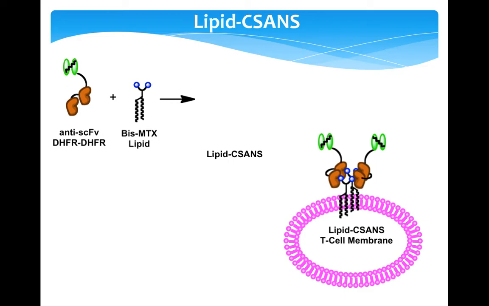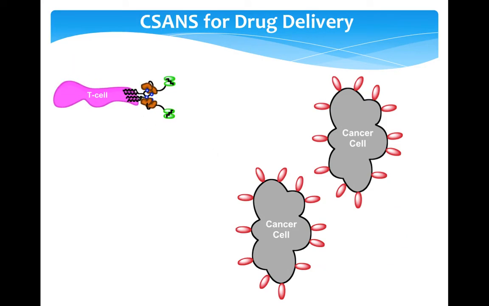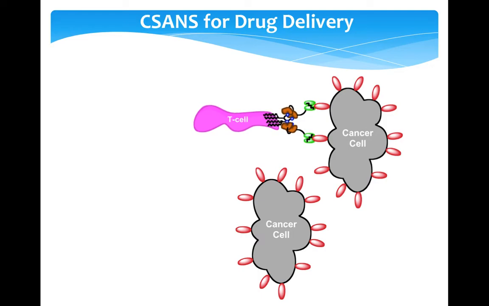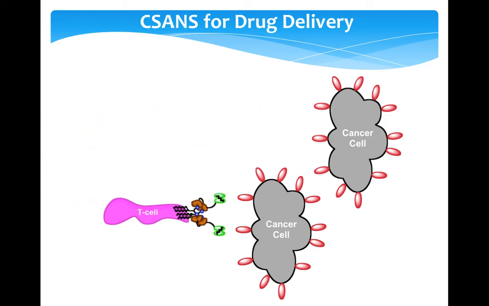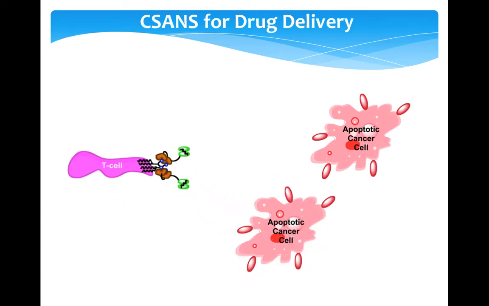And in our case, we'd like to target cancer cells through their specific antigens. What that means is that these functionalized T cells are now going to go after the cancer cells and individually start killing these cancer cells. The CTLs keep doing this, in this case totally artificially.